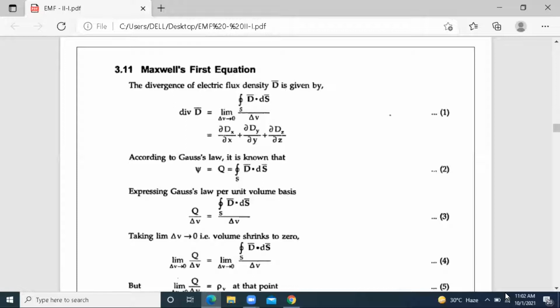In other words, there is no problem in electromagnetics that you cannot solve if you are familiar with Maxwell's equations.